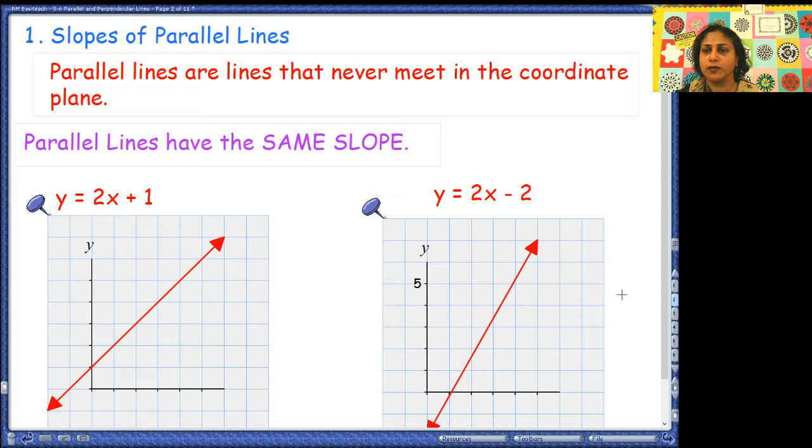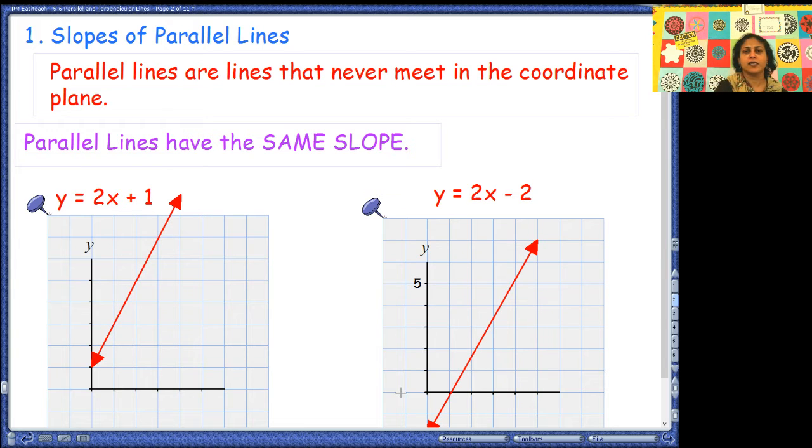Actually, this one is wrong. And I'm going to redo it. It's 1 and like so. So you'll see that they are parallel lines and they have the same slope.